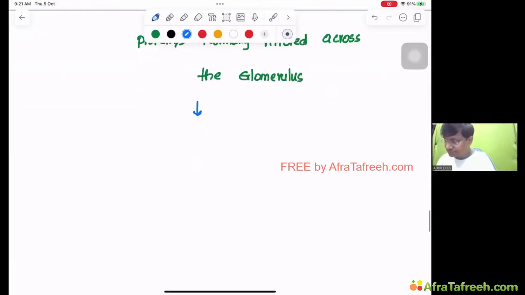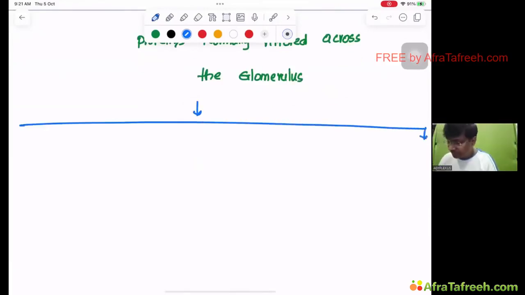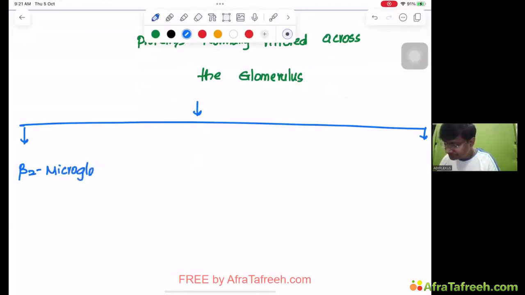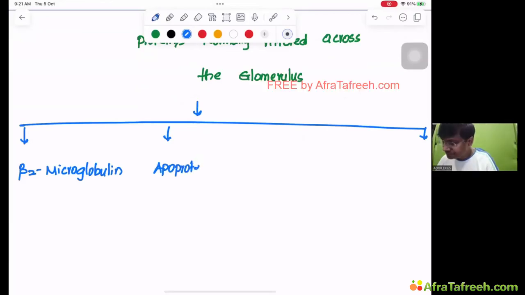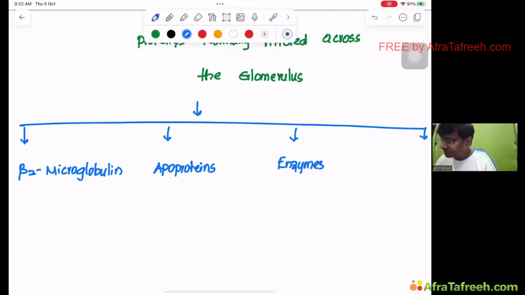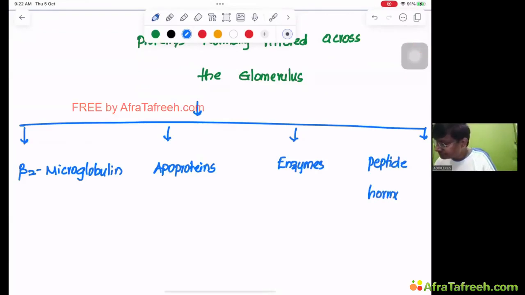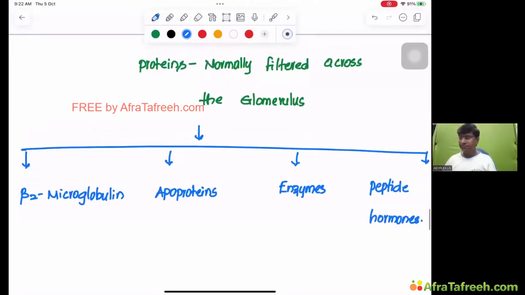That includes, number 1, beta 2 microglobulin, then apoproteins, some enzymes, then peptide hormones. These are the proteins which are normally filtered across the glomerulus.